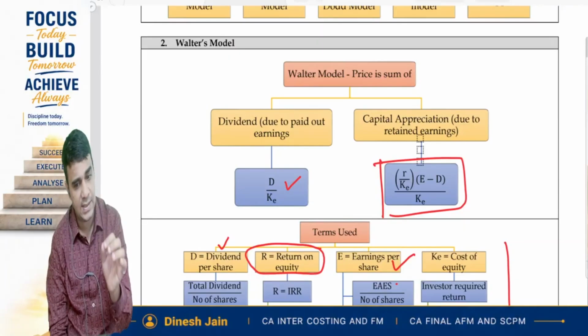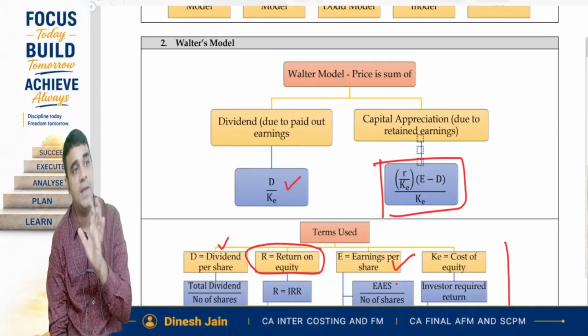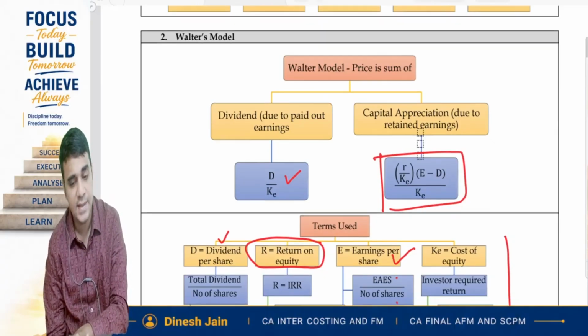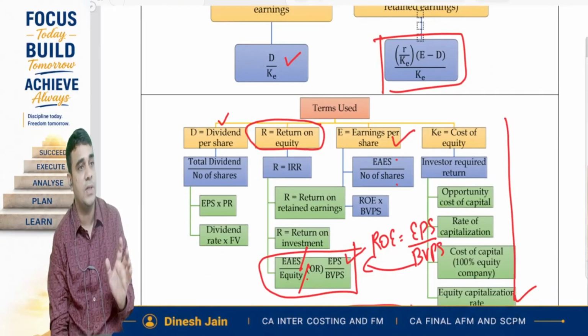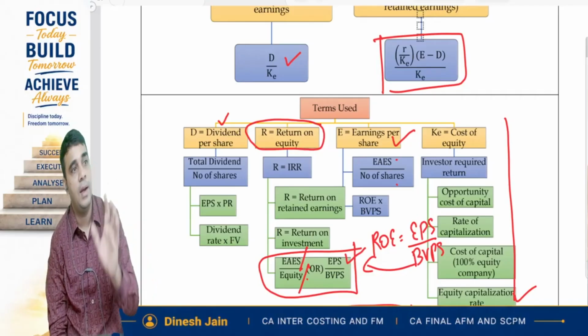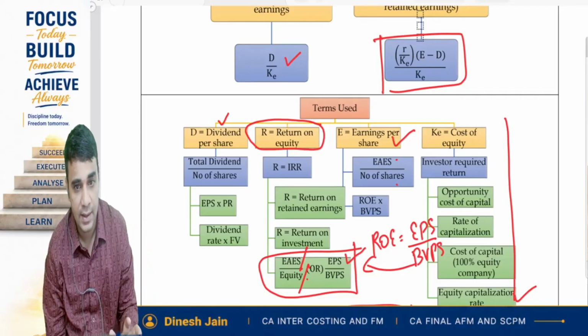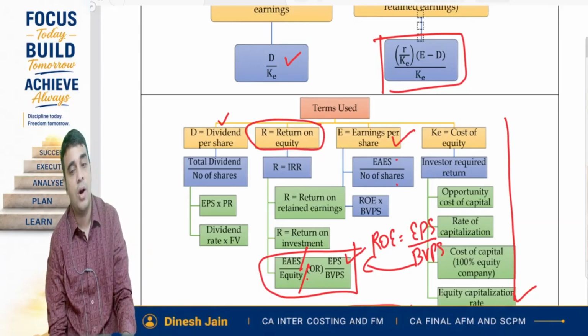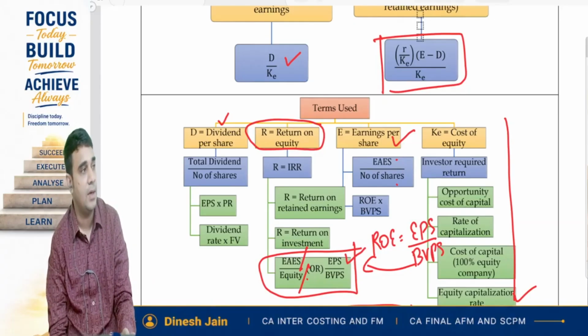The formula is EAS by amount of equity, or EPS by BVPS, book value per share. Earnings per share is EAS by number of equity shares, or using the ROE formula, multiplied with BVPS. KE is equal to cost of equity, investors' required return, opportunity cost of capital, rate of capitalization, cost of equity capital, cost of capital; different names are there.